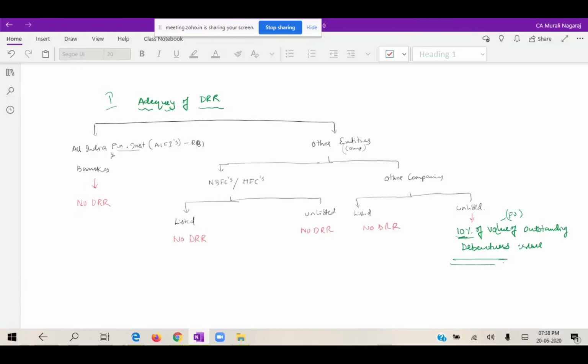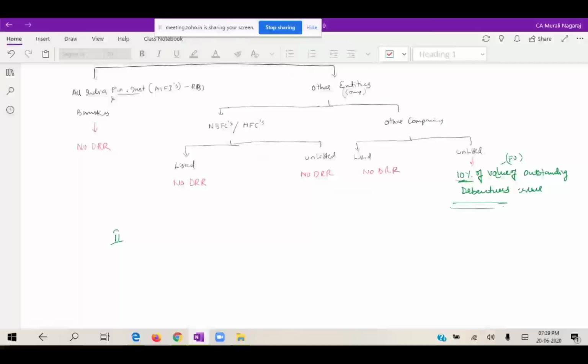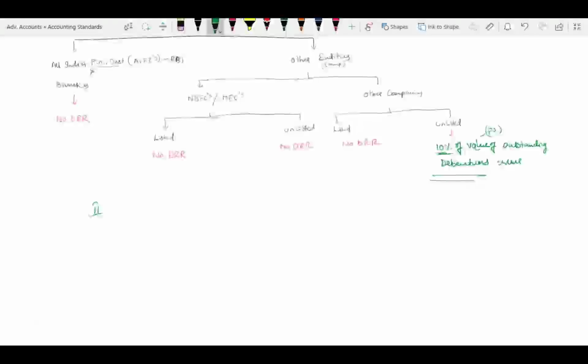Suppose you create the complete amount now itself, or accumulate 10% every year based on a sinking fund. You can do that, there is nothing wrong. Here, for compliance, 10% is the minimum mandatory amount you're supposed to create. That's the case. Next, let us go to the second amendment, which is DRI.